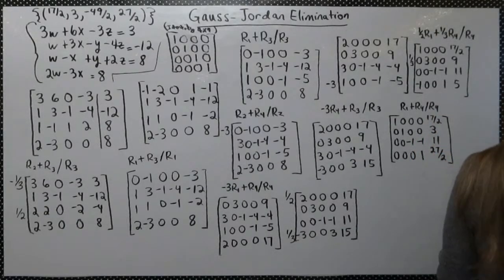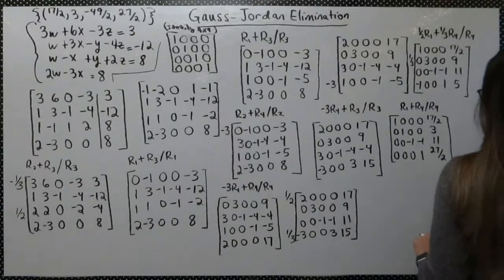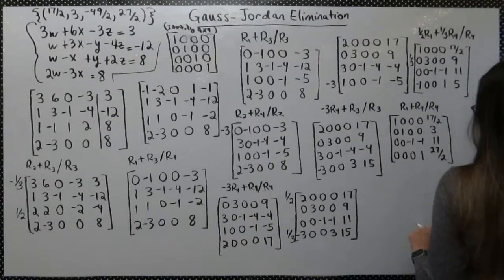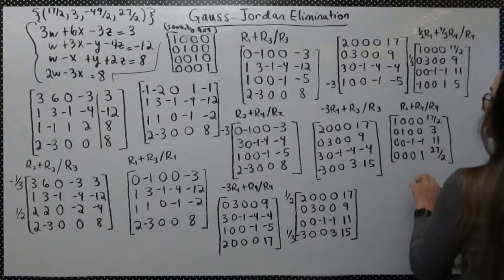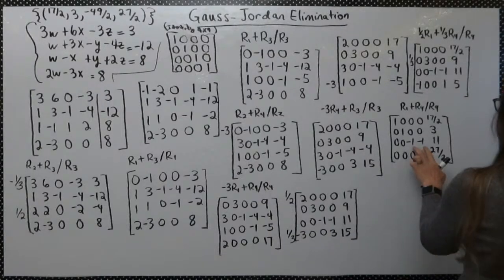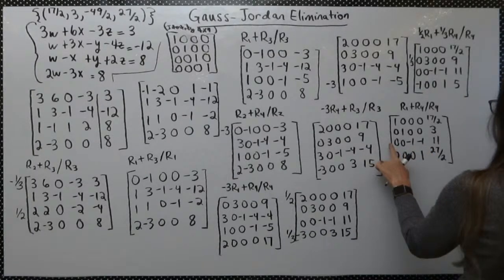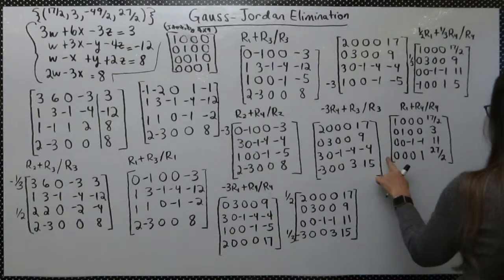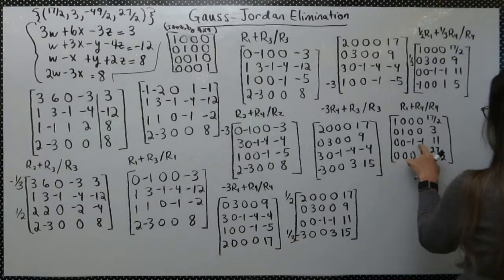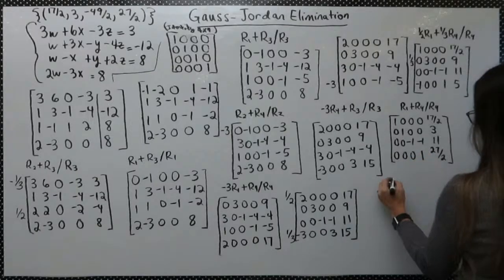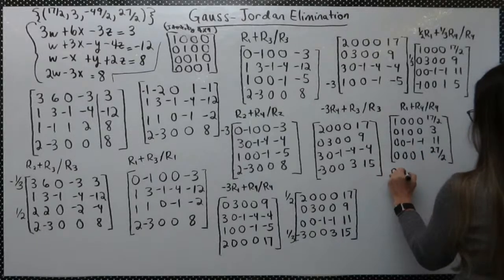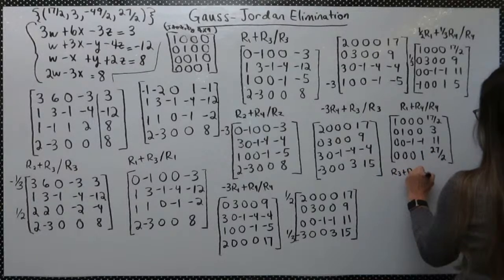All right. So it looks like I just need to add row 3 and row 4, and we're going to make this position 0. So row 3 plus row 4, replace row 3.